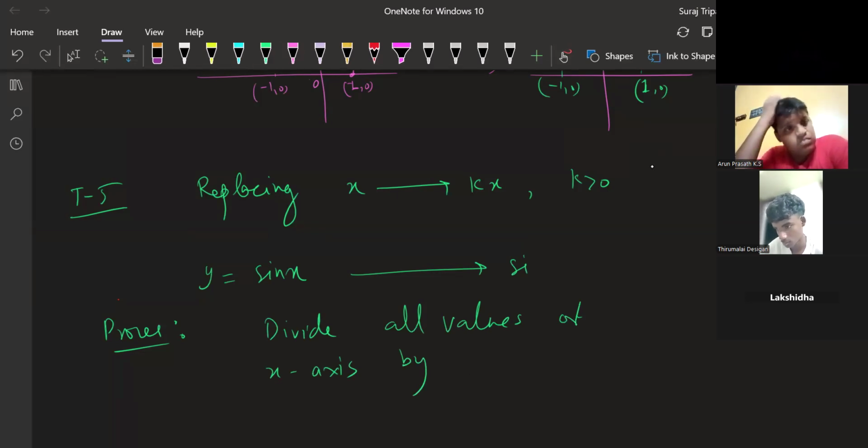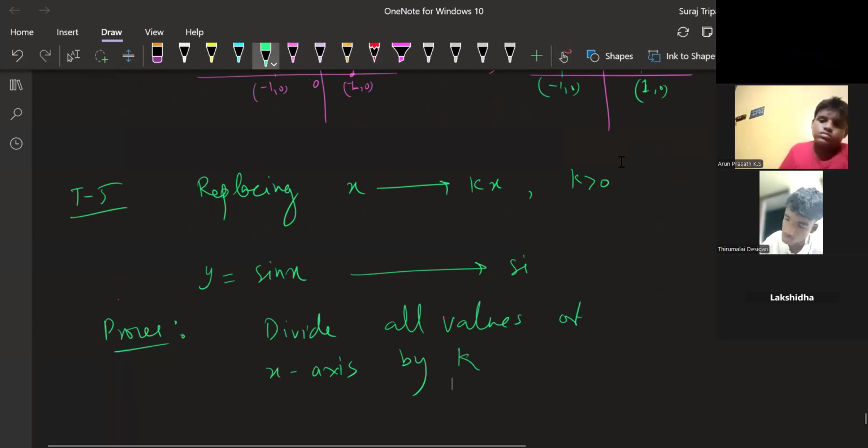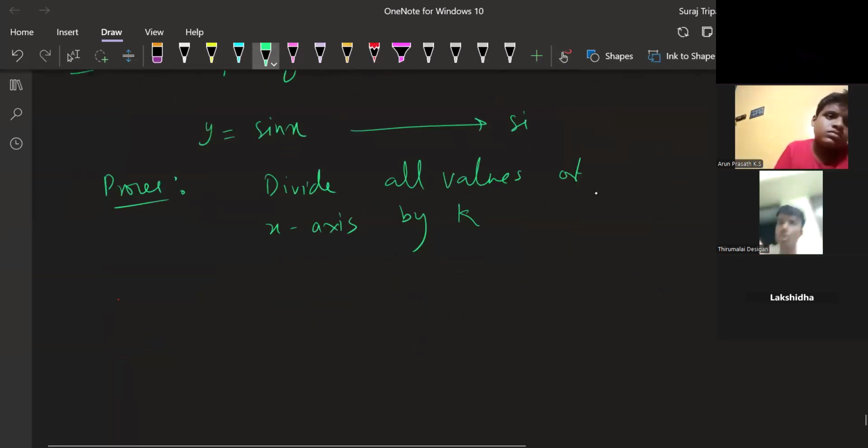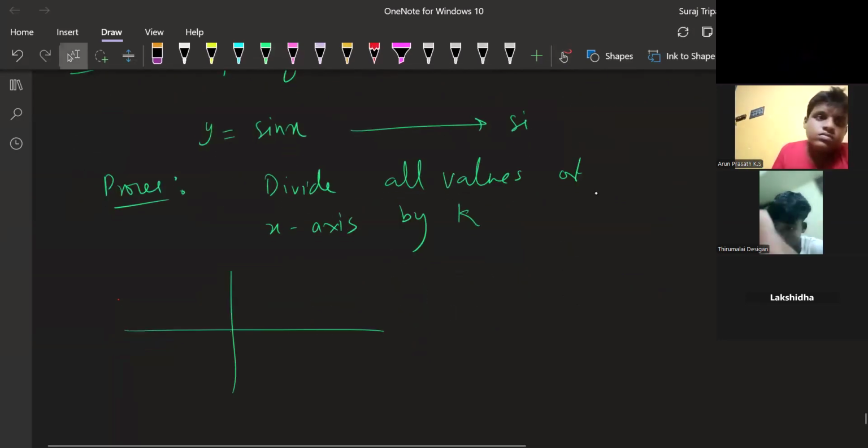Suppose the graph of sine x is this one.